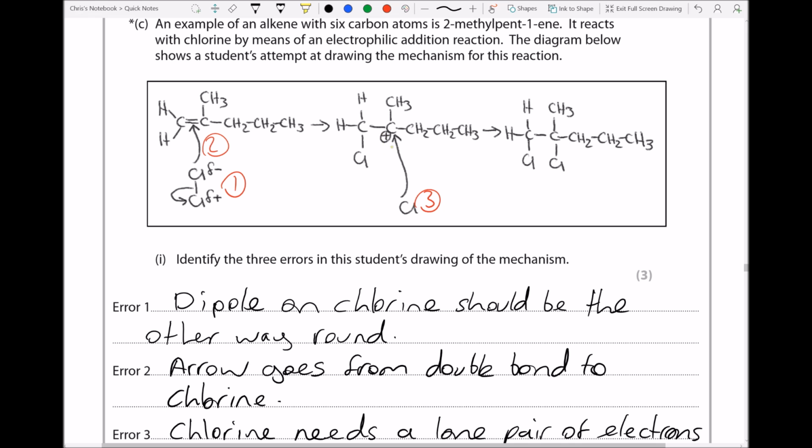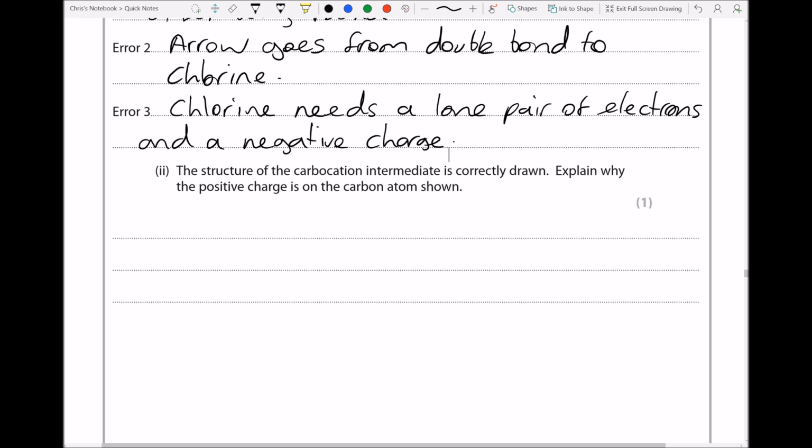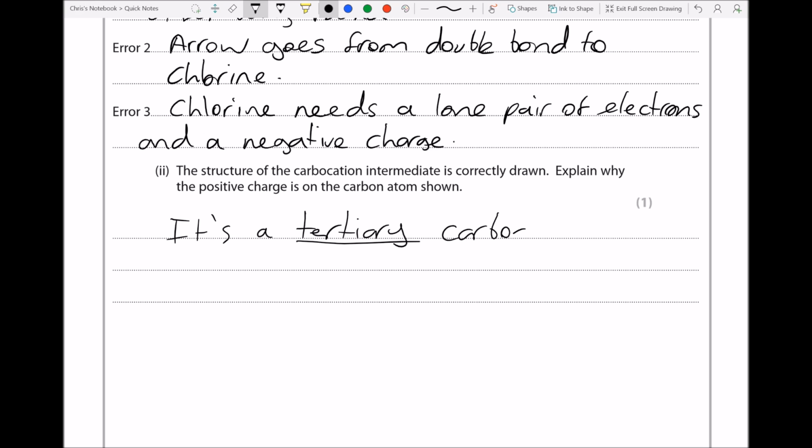So that's why it's there and not on the end here. So, right, let's put the answer down there. Okay, there you go. So it's more stable, which is the tertiary one.